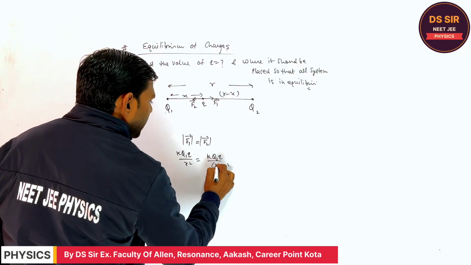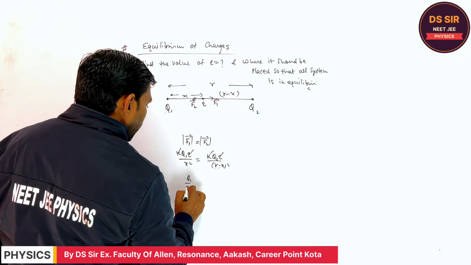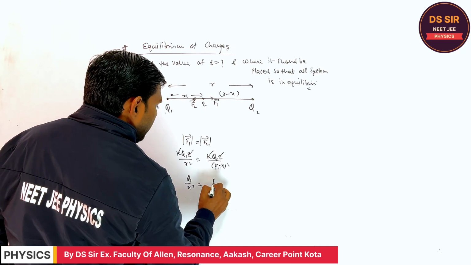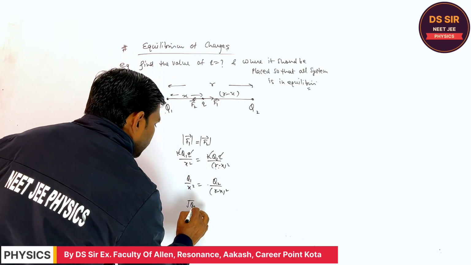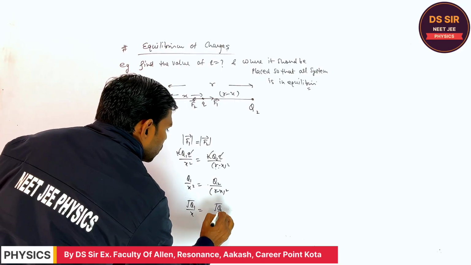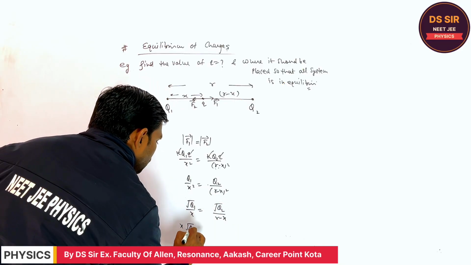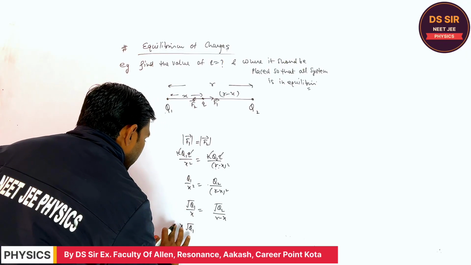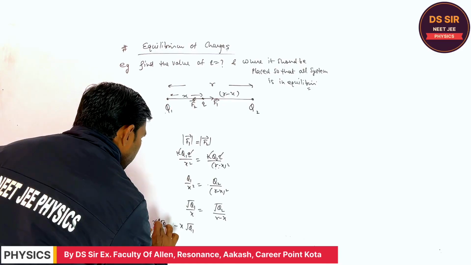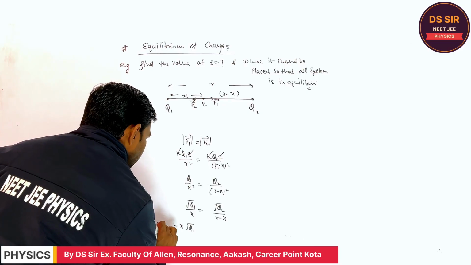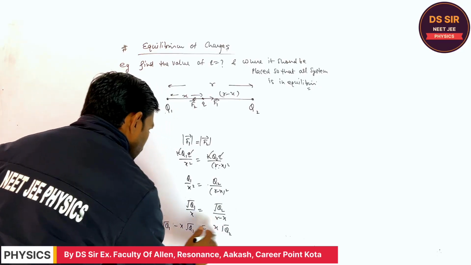When you simplify, listen, one thing: KQ will cancel out. Q1 upon x square equals Q2 upon r minus x whole square. Take the square root, and you can find the value of x. Root Q1 into r minus x is equal to x root Q2.